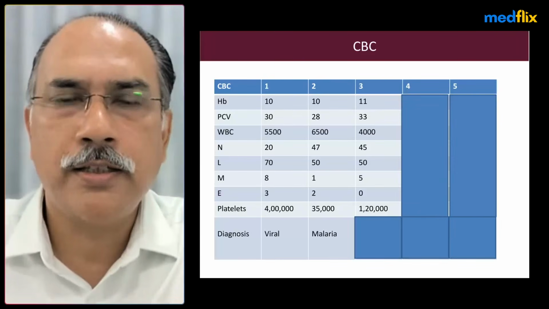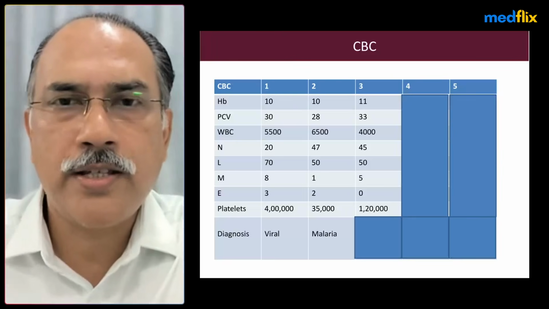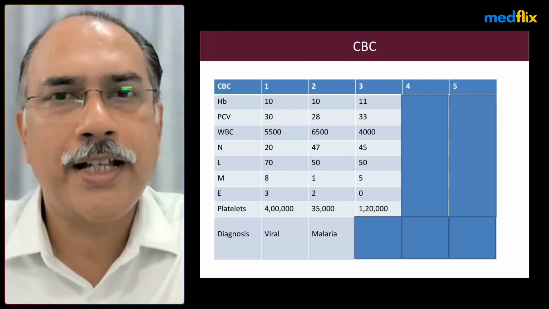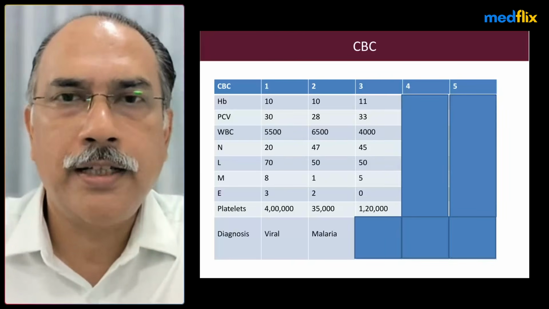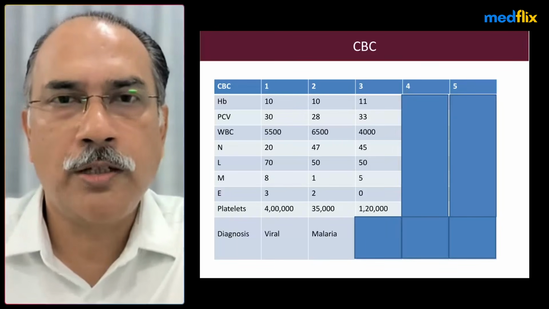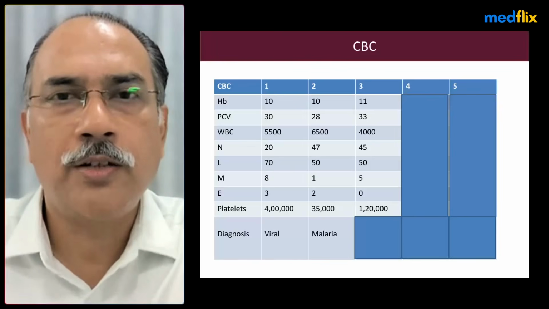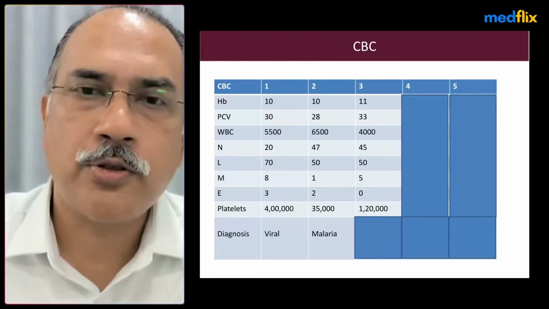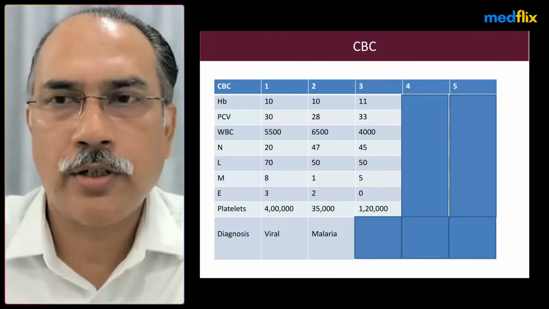But if you see the platelets are really very low, as low as 35,000. So this child, if he has petechiae, one would think with this report of either dengue or malaria. But because the PCV is within normal limits and the WBC count is not so low, one would think more in terms of malaria. We would also sometimes look at eosinophils to guide you, but that's not always going to be accurate.